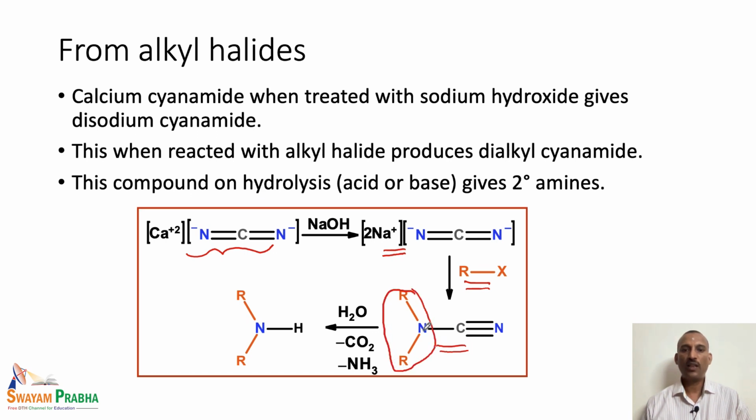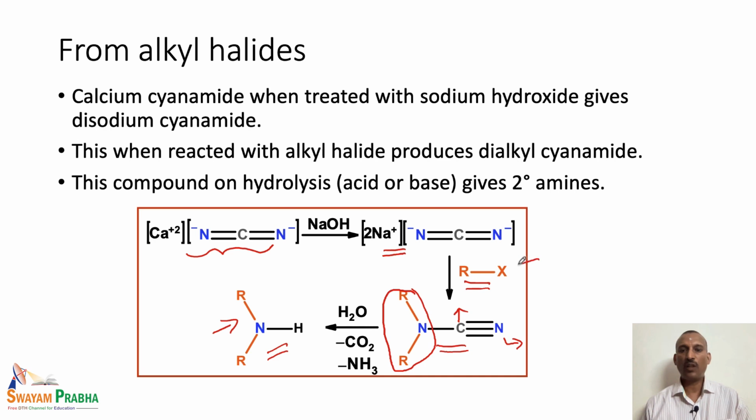This dialkyl cyanamide on hydrolysis gives the corresponding secondary amine. So, this loses carbon as carbon dioxide, and nitrogen as ammonia. These two are lost in this reaction, and we end up with the secondary amine. So, this is another method of preparing secondary amines from alkyl halide.